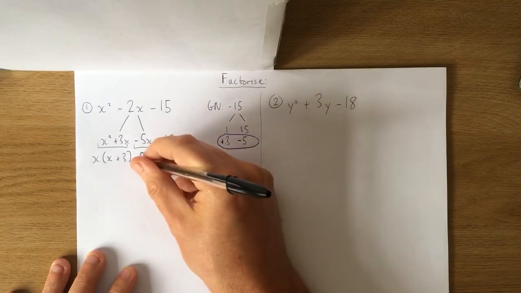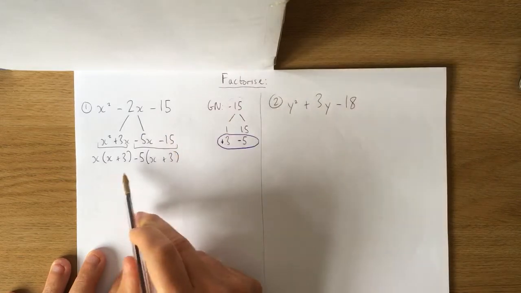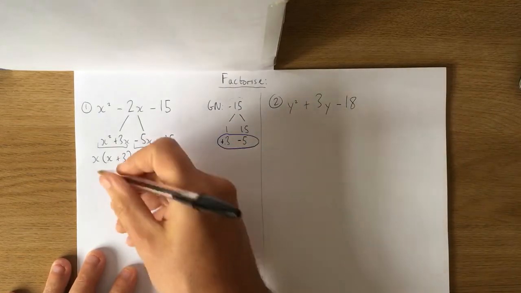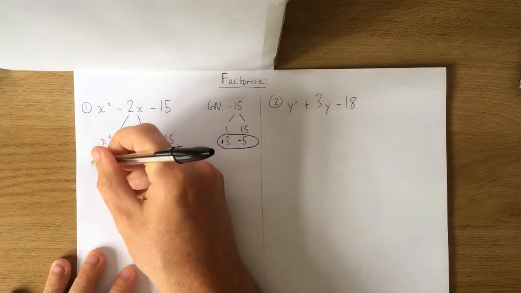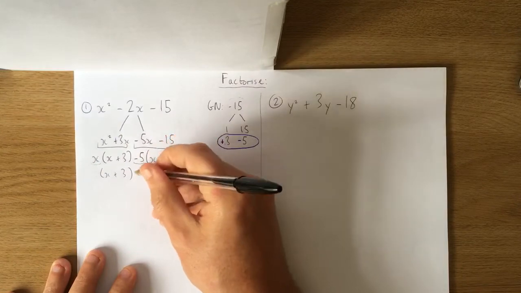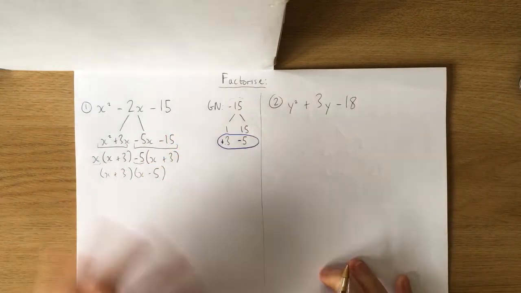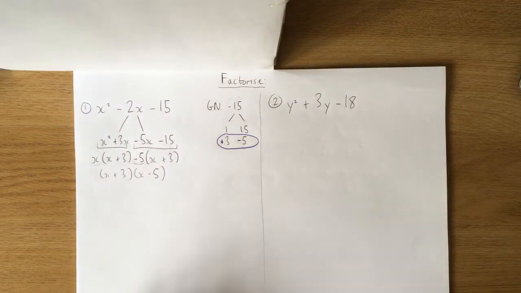Minus 15 divided by minus 5 is plus 3. Same thing in both brackets, so I have done it right. Factorize the x plus 3 out, and what am I left with? x minus 5. And that's my answer. If I multiplied that out, I would get back to my question.